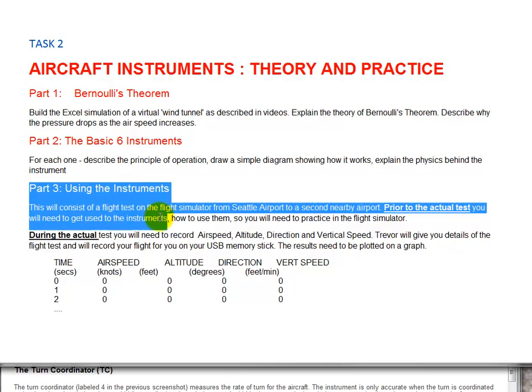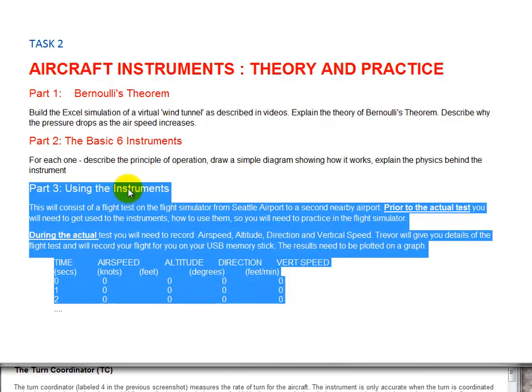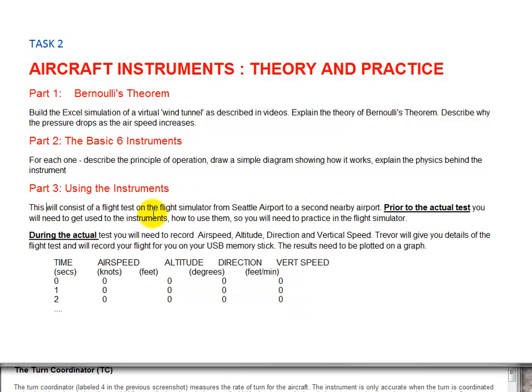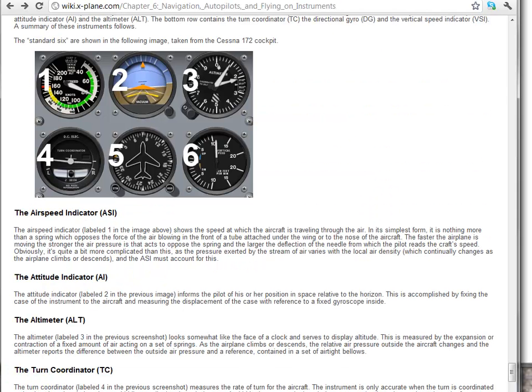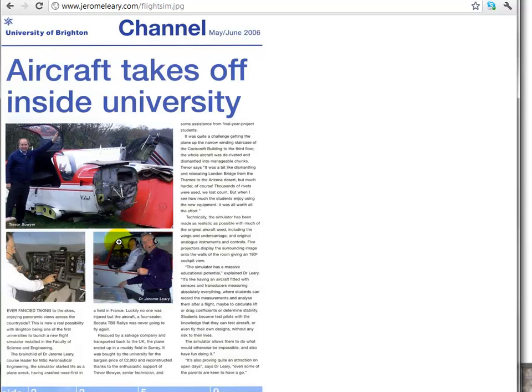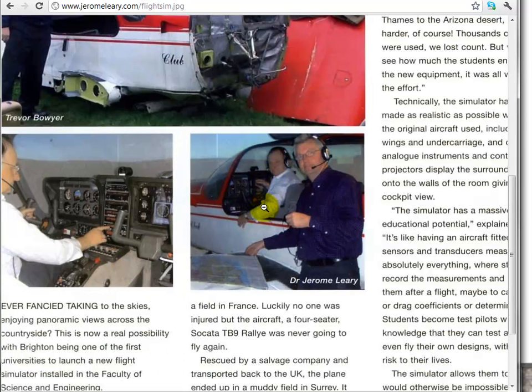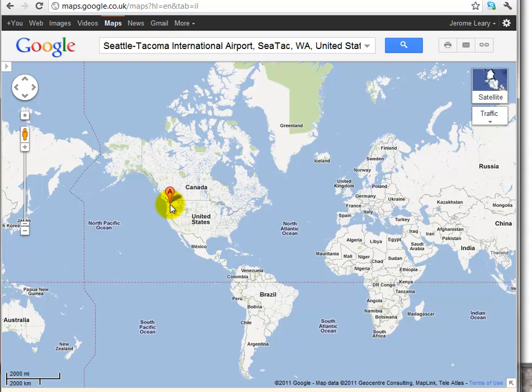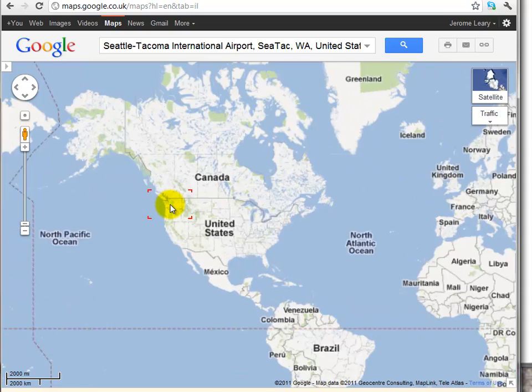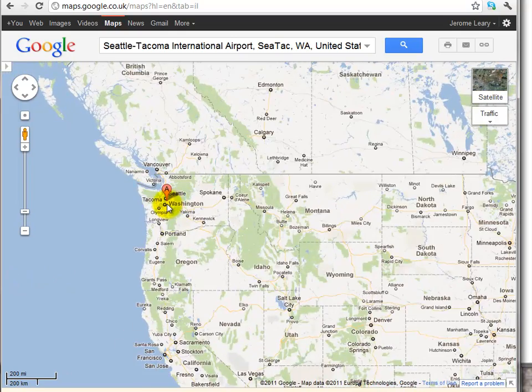Now part 3 is using the instruments. This will consist of a flight test on the flight simulator. You'll be taking off from Seattle Airport to a second nearby airport. So here we have the flight simulator is across the corridor in Cookcroft 305. Here's a picture of Trevor sitting in the cockpit. You'll be taking off from Seattle Airport, shown here, and just quickly zoom in on that.